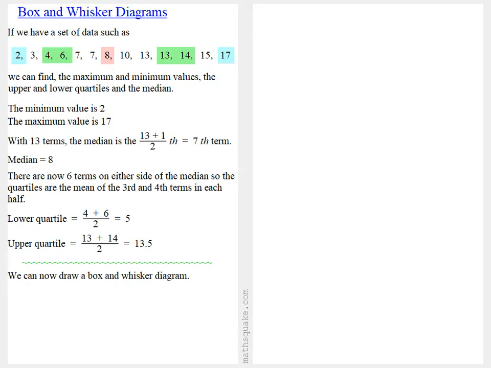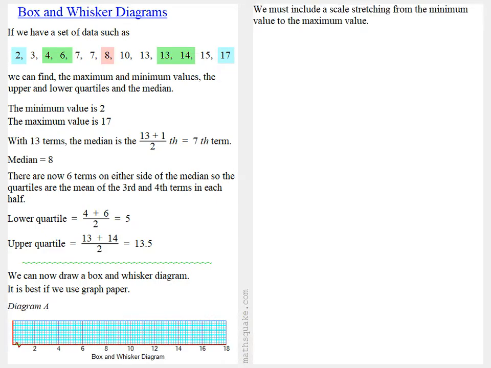Now we can draw a box and whisker diagram, and it's best if we draw it on graph paper. We must first of all include a scale stretching from the minimum value to the maximum value. We now draw short vertical bars above the minimum and maximum values of 2 and 17.